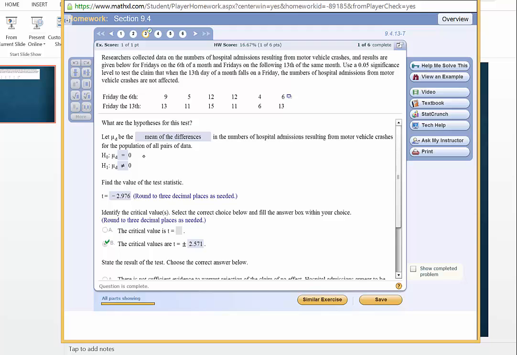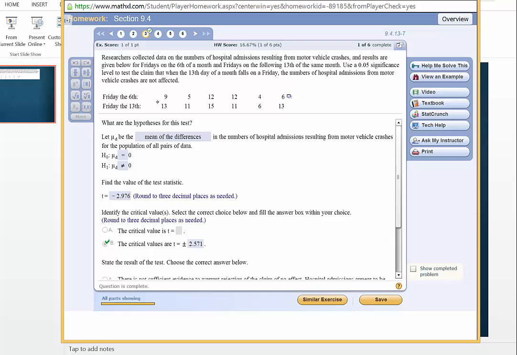Now, the question then becomes, is this a one or two-tailed test? And we note that the question was asked in the form: test the claim that when the 13th day of a month falls on a Friday, the numbers of hospital admissions from motor vehicle crashes are not affected. Not affected.